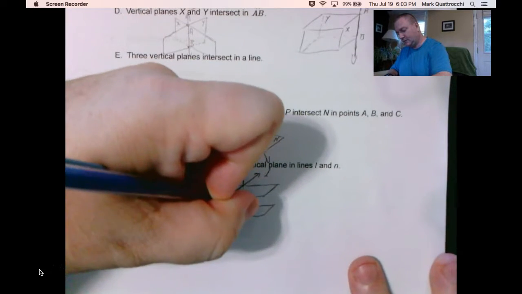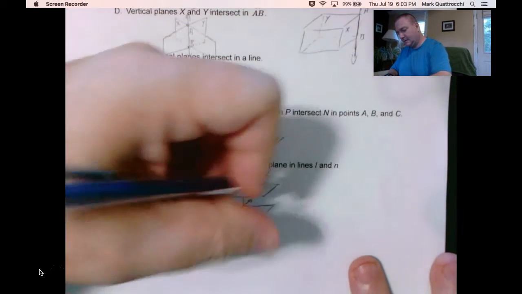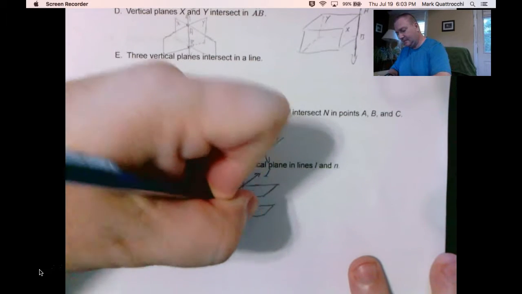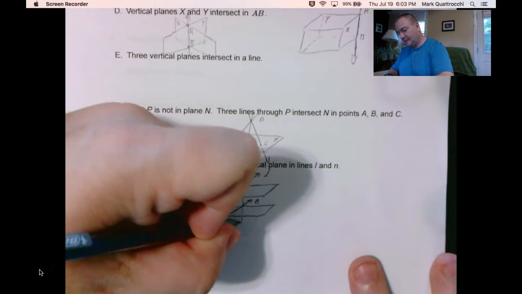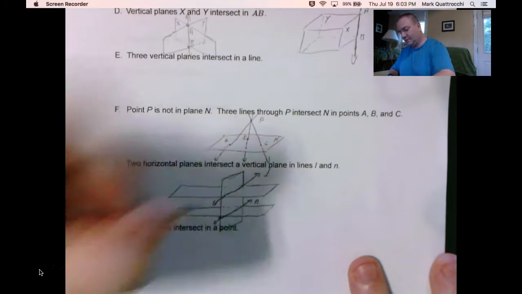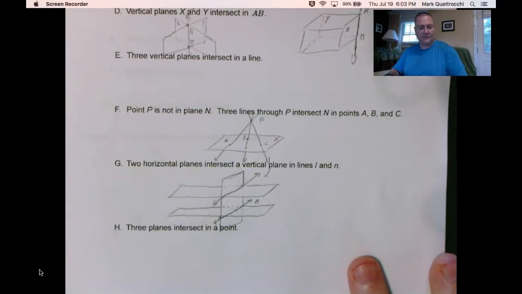And the intersection line. And this one is N. I just need to finish off the back of my vertical. It's not perfect, but I think you can see the diagram there.